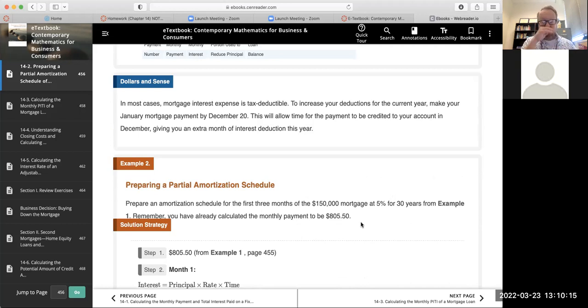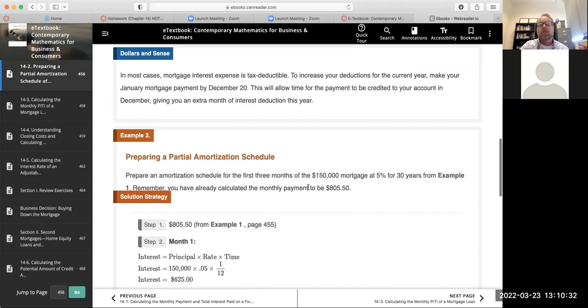Then we went to the table at 5% and 30 years, and I believe the table factor at that point was 5.37. We multiplied that, which gave us a monthly payment amount of $805.50. So we're going to figure out how much of that $805.50 goes to interest and how much goes to principal every month.